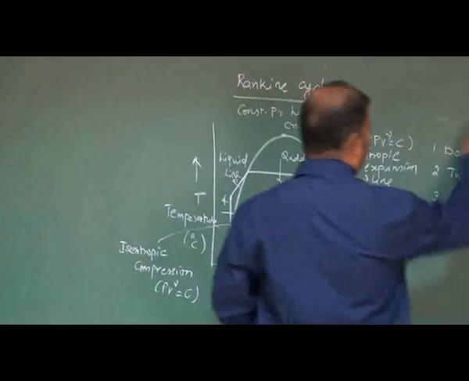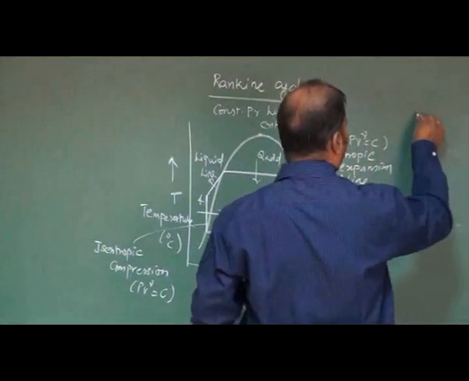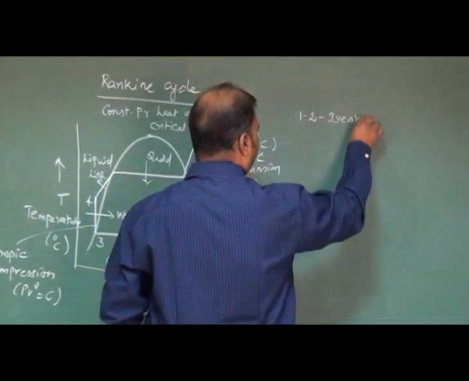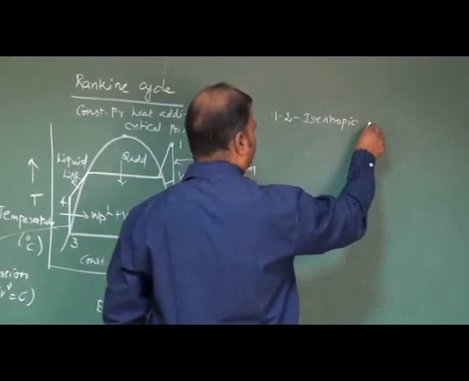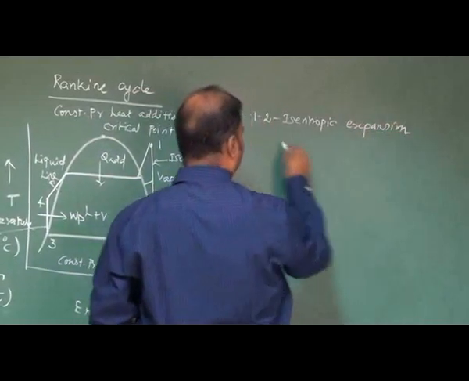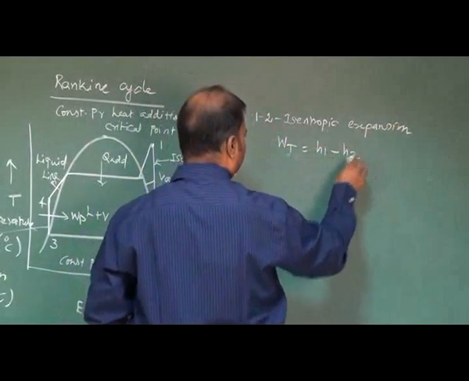So how do we calculate the efficiency of this Rankine cycle? Process 1 to 2 is isentropic expansion. The work done by the turbine is H1 minus H2.